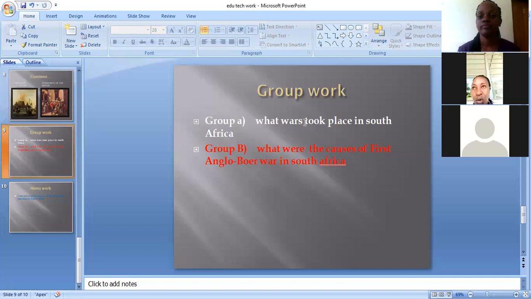As we have learned from Madam's explanation, we discussed that the wars that took place in South Africa were the first Anglo-Boer War, which took place in the year 1880 to 1881, and then another war called the Second Anglo-Boer War. So that's what we discussed.